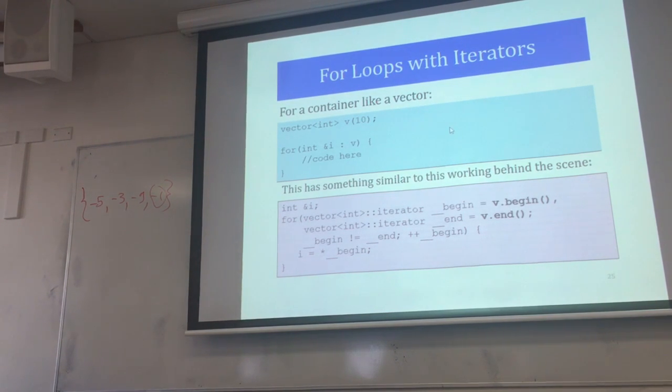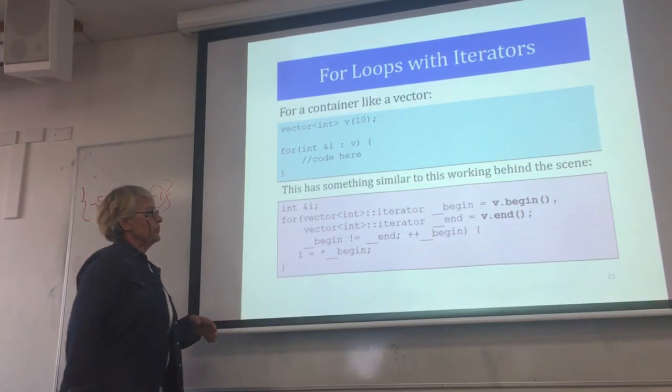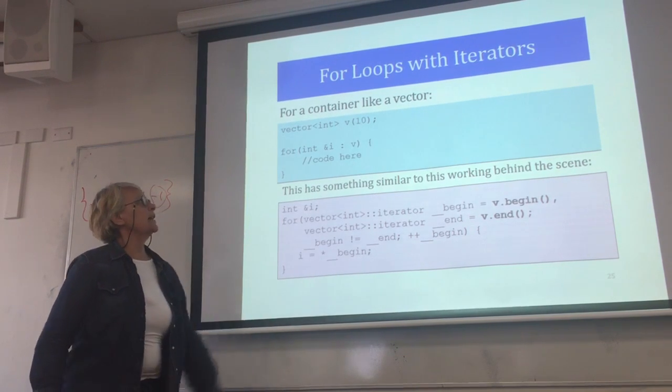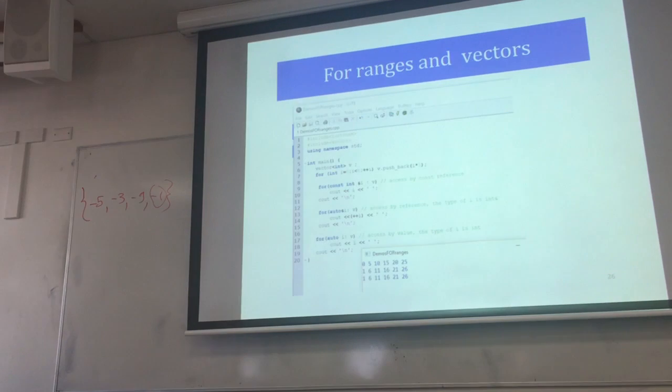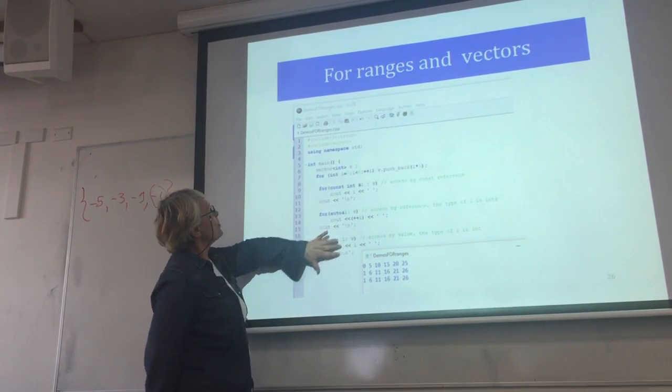C arrays, pointers in C are the most primitive type of iterators, and all types of containers are available. And here is a full program.